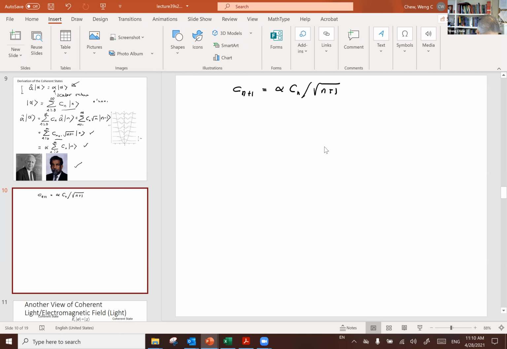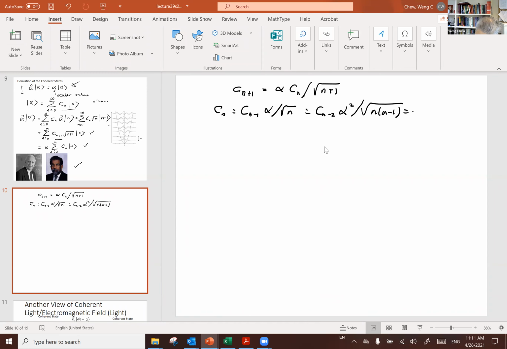And so if I solve this equation recursively, then I find that C_n is equal to C_{n-1} alpha, and then I keep working this recursively, then alpha squared, n minus 1.